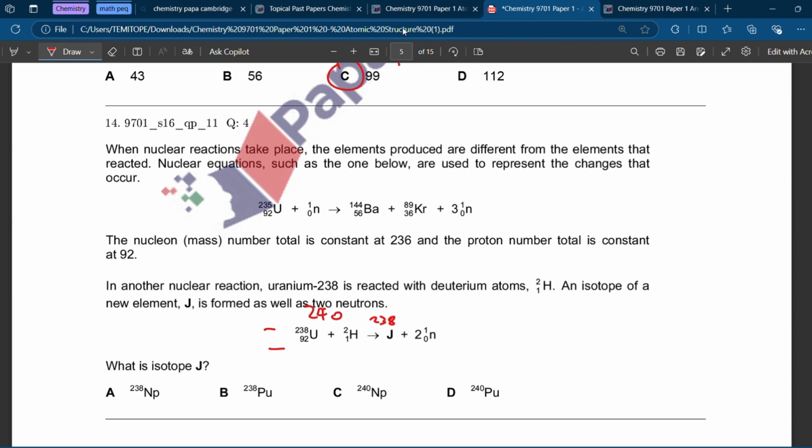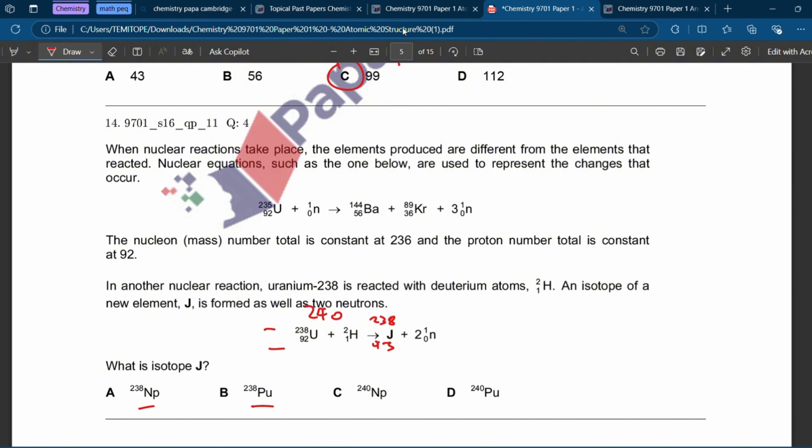In another reaction, uranium-238 is reacting with deuterium atoms, deuterium, which is hydrogen-2,1, and isotopes of the new element J is formed. So this is basically the same thing we were doing before. The conservation of mass number, the mass number must remain the same, and the proton numbers must remain the same.